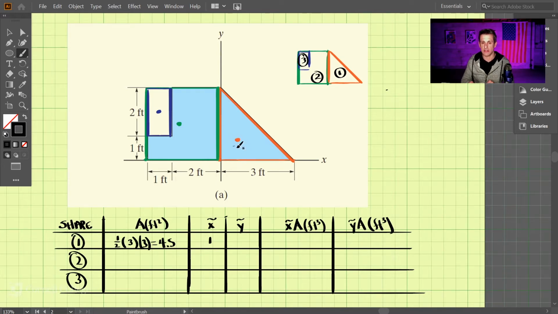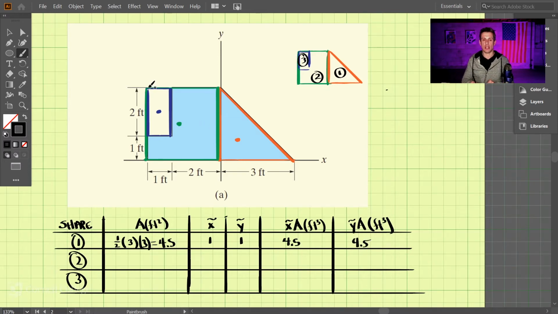That distance is also 1/3 of the height, which is 3, and 1/3 of that is 1. So x tilde times A, we have 4.5, and then y tilde times A, we also have 4.5.